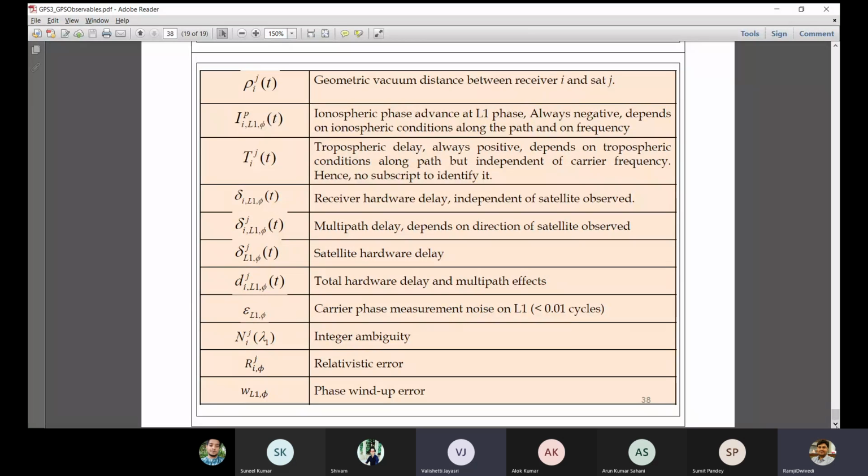So these are the individual terms. One is the geometric vacuum distance between receiver i and satellite j.